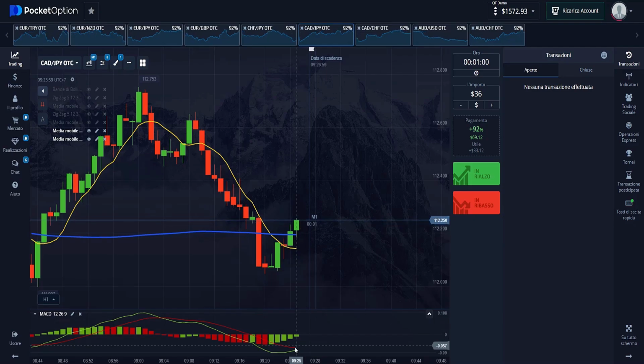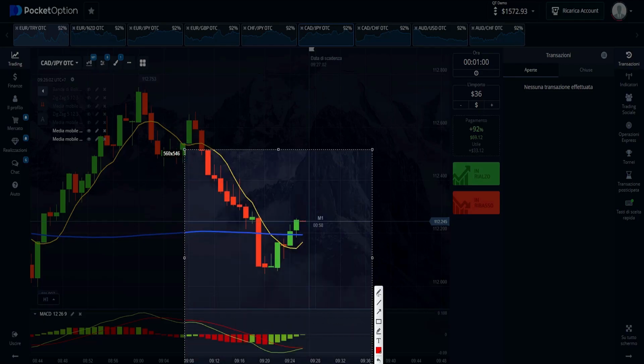Example of strategy. We open a call operation at the intersection of the MACD curves when the candle is above the 2 moving averages.